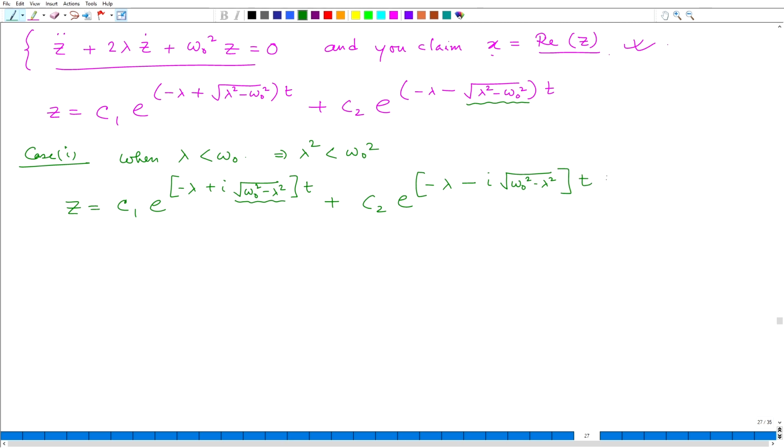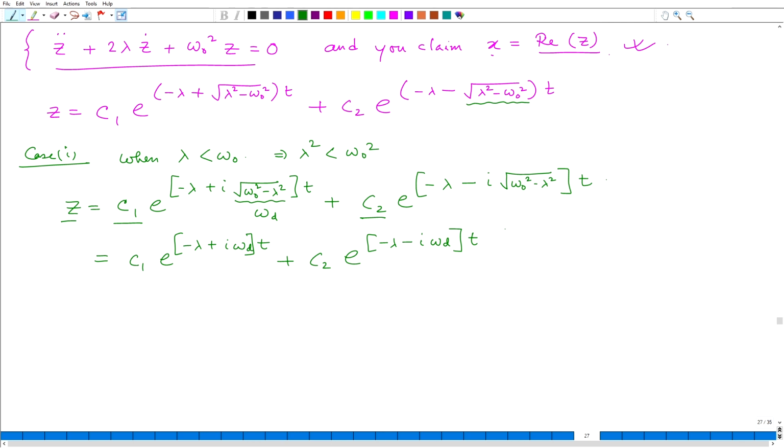Since z is complex, the constants can also be complex in general. I can call root over omega 0 square minus lambda square as omega d. I can write this as c1 e to the minus lambda plus I omega d t plus c2 e to the minus lambda minus I omega d t.